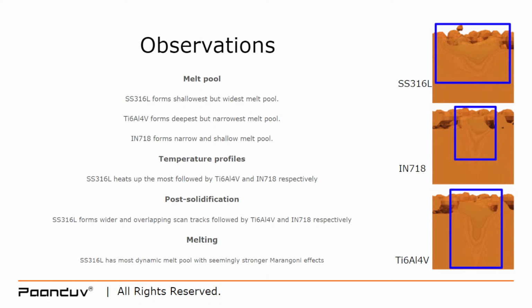As far as temperature profiles go, SS316L heats up the most, followed by Ti64 and Inconel. And when we look at the post solidification results, SS316L forms wider and overlapping scan tracks, followed by Ti64 and Inconel 718. As far as the melting goes, SS316L has the most dynamic melt pool with the seemingly stronger Marangoni effects.